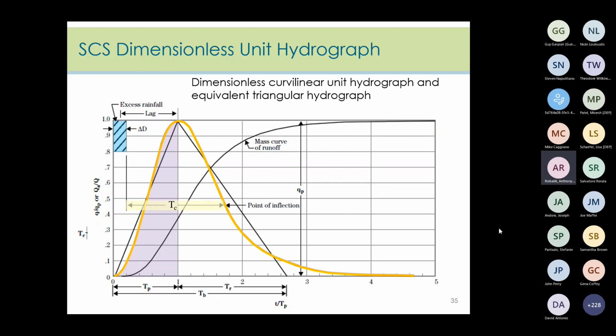The dimensionless unit hydrograph that was developed has a peak rate factor, or a shape factor, of 484, which means that 48.4% of the total runoff volume is discharged before the peak time, which is shaded in purple, and 51.6% of the total runoff is discharged after the peak time. The peak rate of runoff is the maximum height of the hydrograph here. You can usually see the shape factor on the printouts provided in stormwater reports. So that's another thing to check in your reviews.